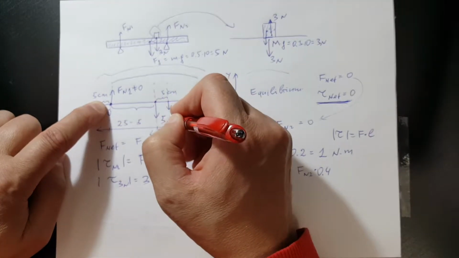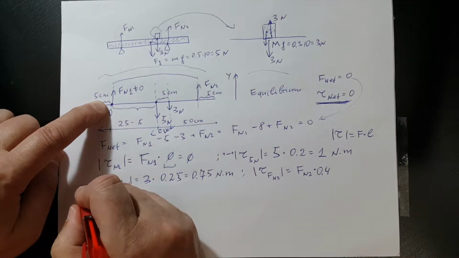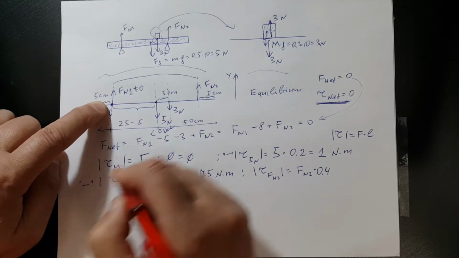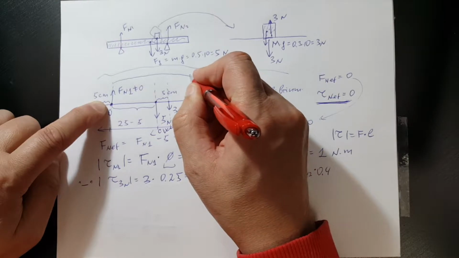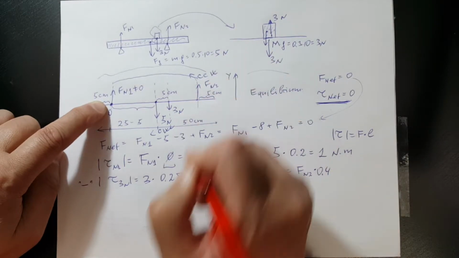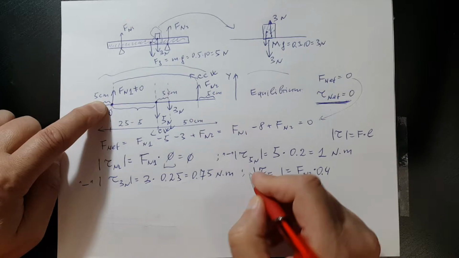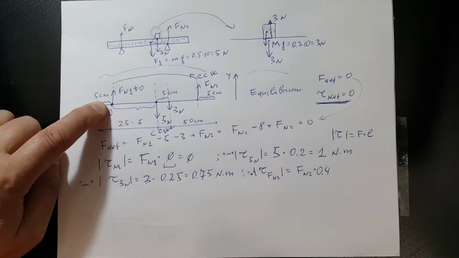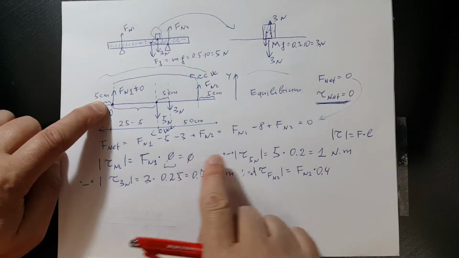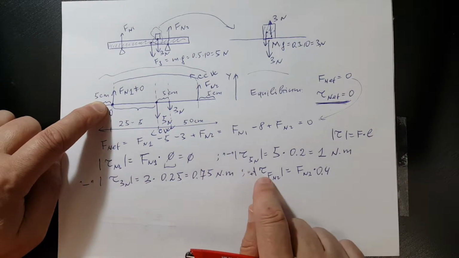Of course, same here, also negative. But this one tries to move it counterclockwise, and that makes it positive. So we have 1 zero torque, 2 negative torques, 1 positive.